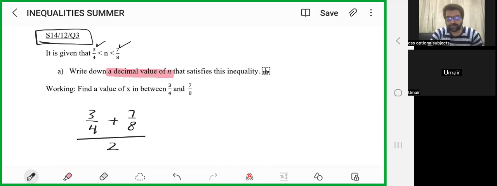Like we find the mean. Mean of two numbers a and b is a plus b over 2.